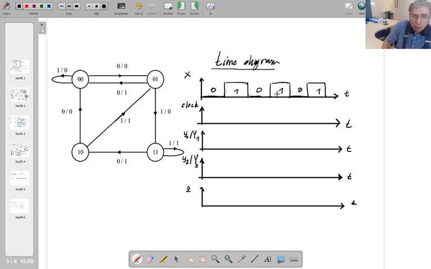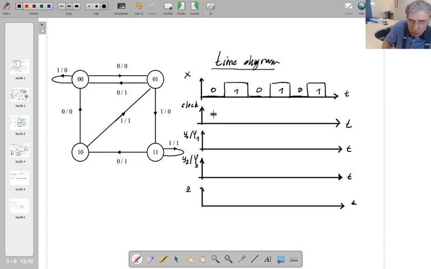In order to detect these inputs by the Mealy machine, for each input bit, I need a clock pulse. Otherwise, you cannot accept this input as a processable input.